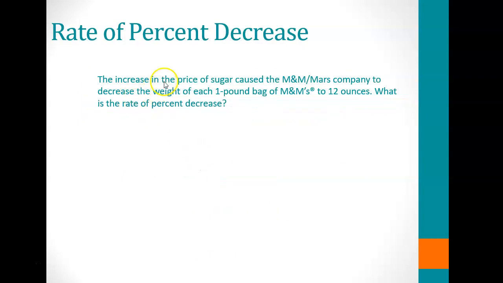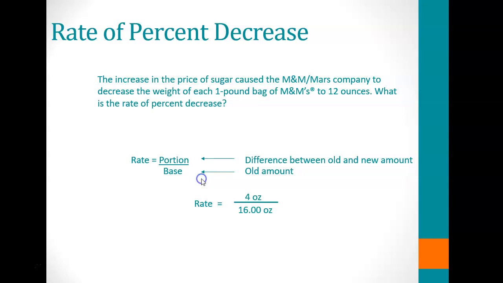Next, the increase in the price of sugar caused M&Ms to decrease the weight of each 1 pound bag of M&Ms to 12 ounces. What is the rate of percent decrease? Remember again that the original bag was 16 ounces.